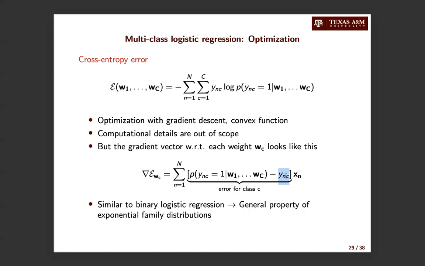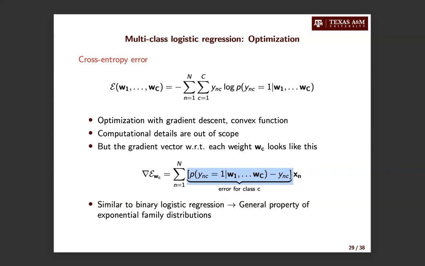So essentially this y_nc is always either 0 or 1. Therefore, this means that if a given combination of vectors W1 through WC classifies a sample xn correctly, this difference will be small, and therefore the sample xn will contribute less to the new weight that results from the gradient descent.